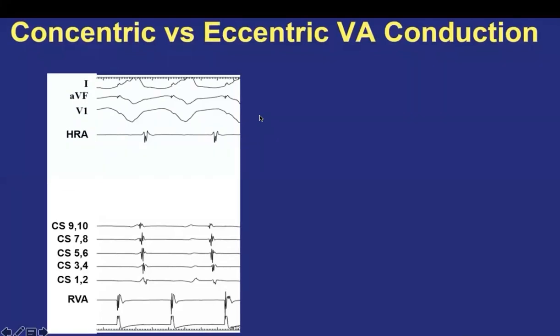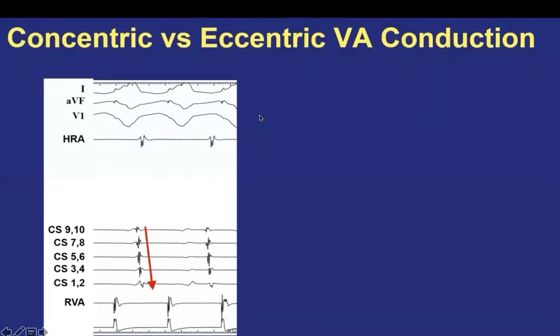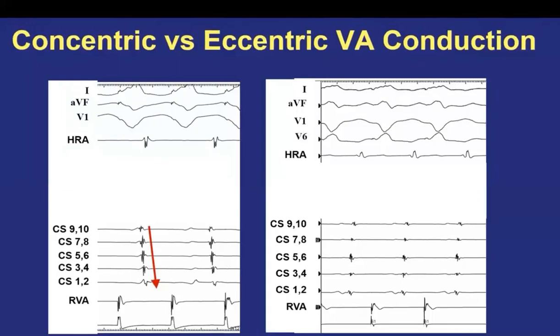We discussed the retrograde activation, going backward from the ventricle to the atrium through the AV node or via something else, for example if it is going through an accessory pathway on the left side.